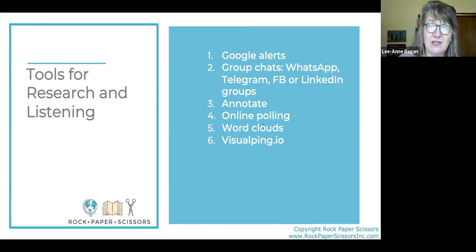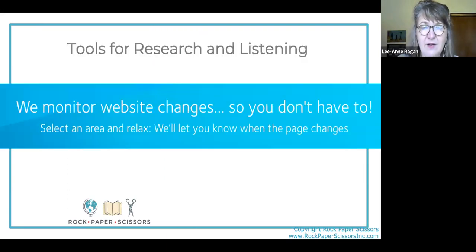So that information is coming to you as opposed to you remembering that you have to go to it. So this is there, and I'll give you all these URLs. We monitor website changes so you don't have to. You select an area of the website and relax, and they let you know when there's been a change. Amazing, hey? I just think that's almost magical.